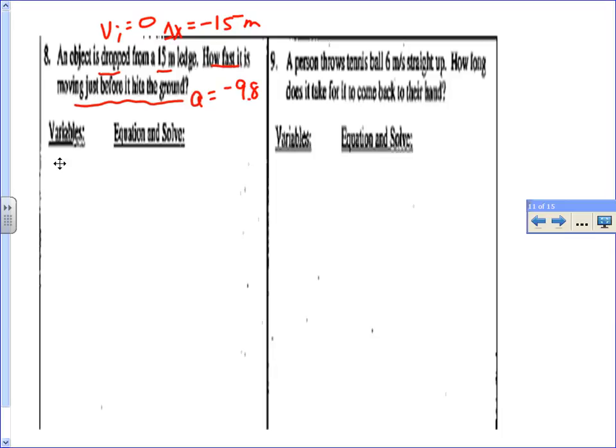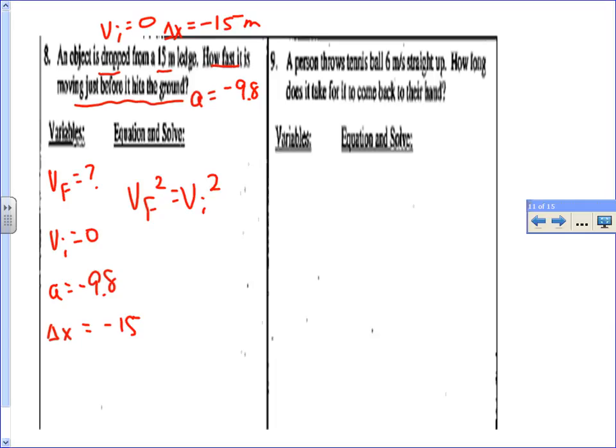How fast means we're looking for VF. So VF is our unknown, VI is 0, acceleration is negative 9.8, and our displacement is negative 15. So our formula is VF squared equals VI squared plus 2 times A times delta x.